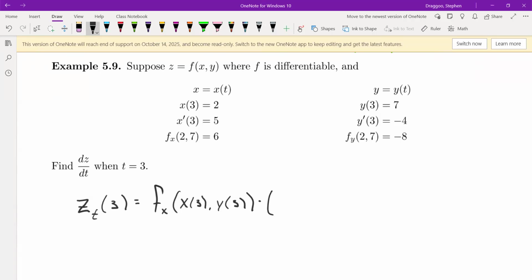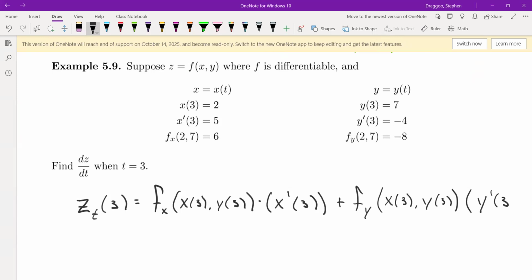Multiply that by, this is the t partial, and we're in the middle of the x partial right here. Since I just took a derivative of f with respect to x, x is my intermediate function in this case, I want x prime right in here, because that's the derivative I just did. x prime of 3. And I want to add to that the y partial, at x of 3 and y of 3, and multiply that by y prime at 3.